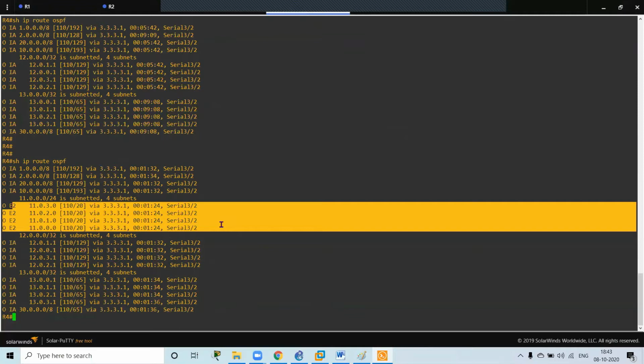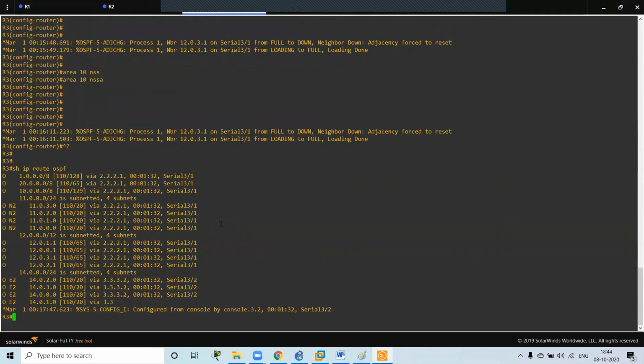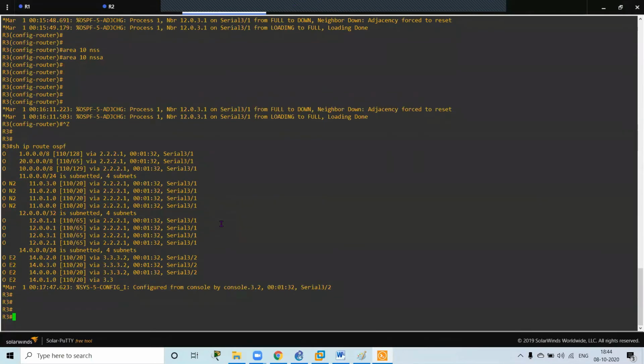Okay. Now to get the 14.network, you have to go on the ABR router and manually generate a default route instead of the external LSA 5 for 14.network.